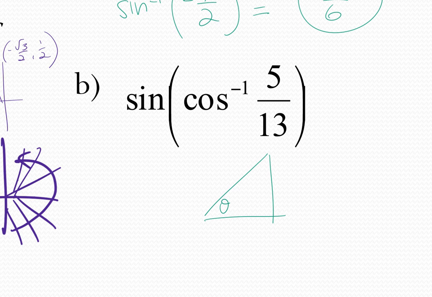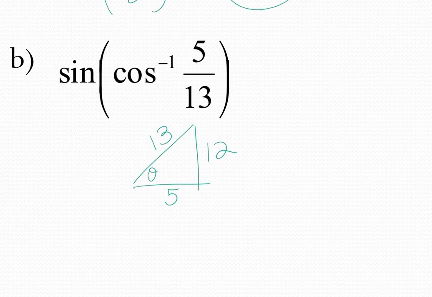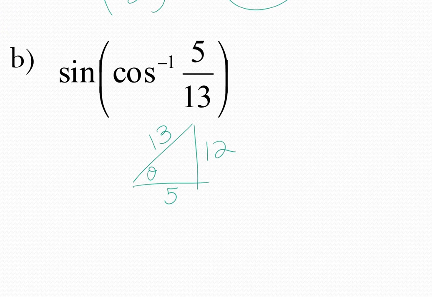Cosine is what two sides? Adjacent and hypotenuse. So this would be 5 and this would be 13. What's the missing side of a 5, blank, 13? Now what's the sine of that same angle? 12 over 13.